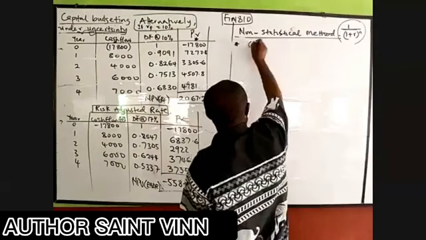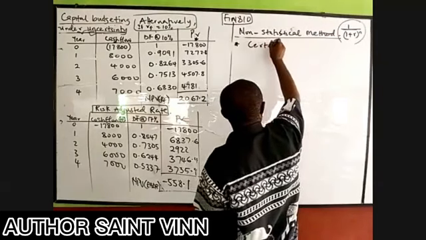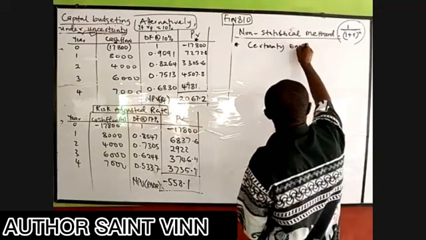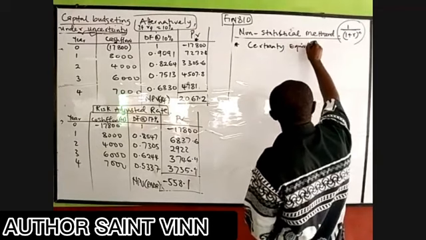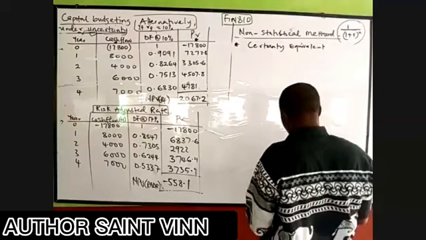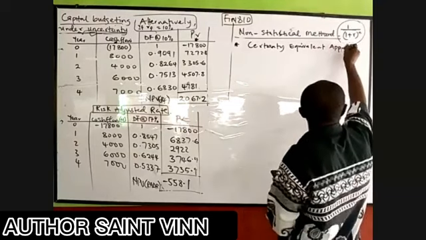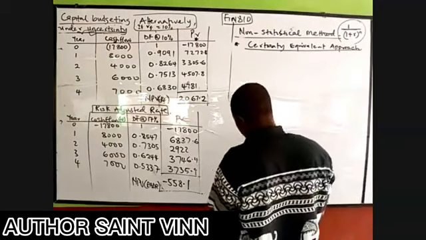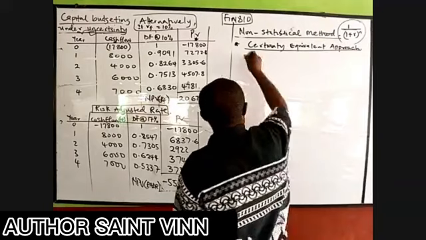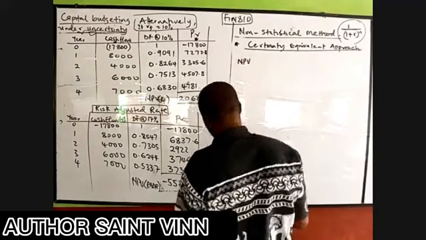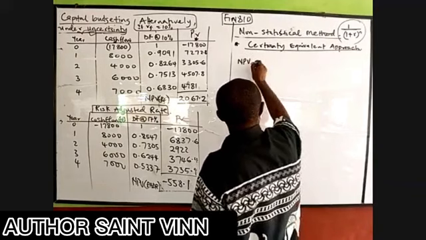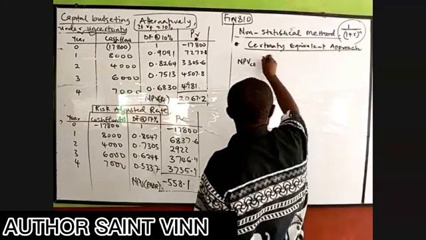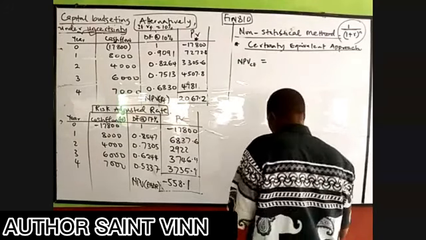The second one is the certainty equivalent approach or method. We have started another one which most of us will discuss. This one is our NPV. Some may want to write it small like this, CE, certainty equivalent, or they will just write NPV.